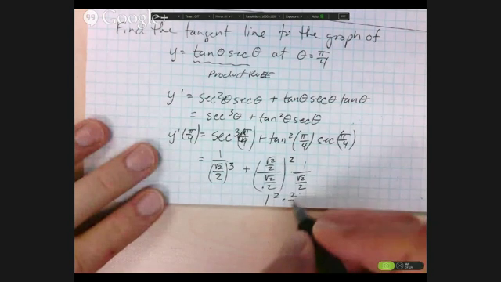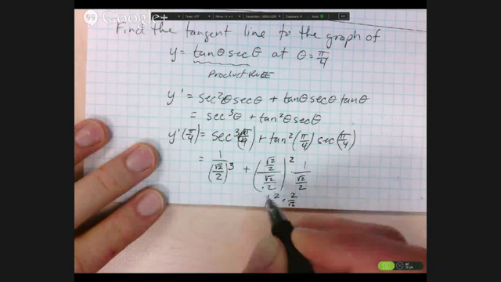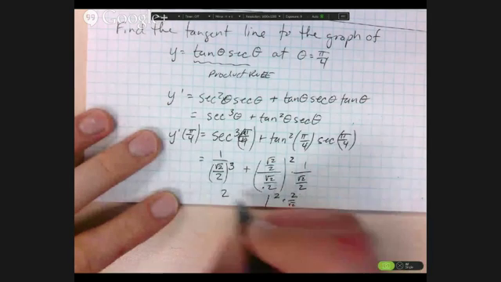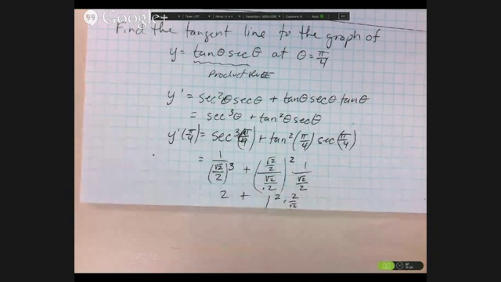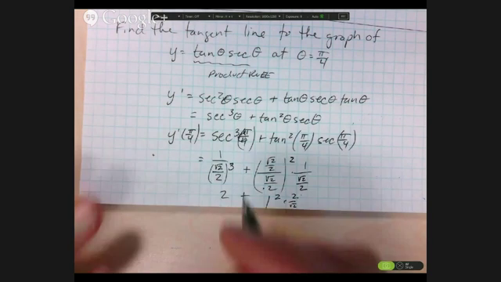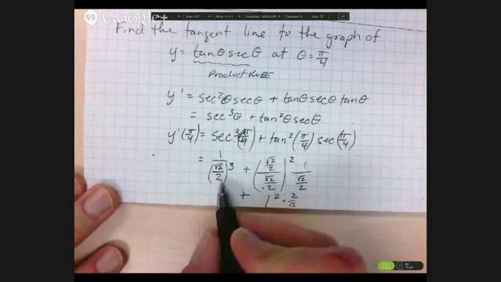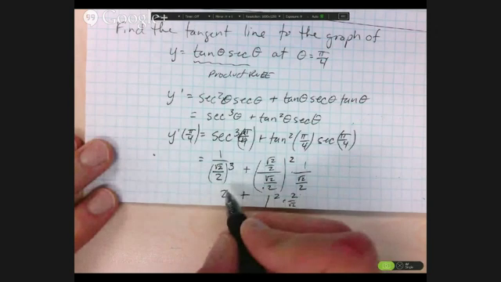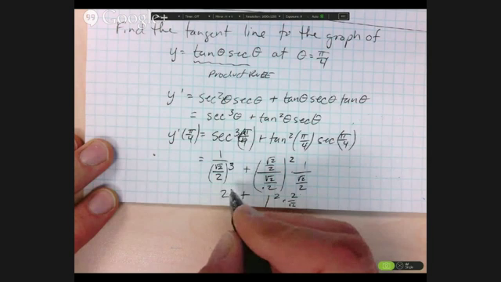This one's 2 over root 2, that's 2. Is that right? That's not right. What's this one come out to? 2 root 2 over 8, or 8 over 2 root 2.